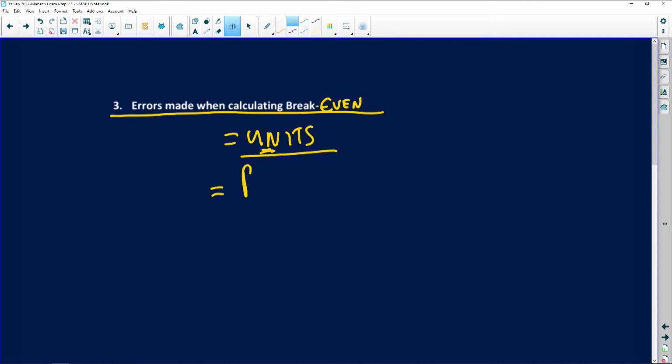It's not rands. Okay, it is actual units. So the moment we see rands, immediately that's incorrect because you're calculating that point of production, the number of units, the number of chocolates you must make in order to break even. Okay, you guys got that?